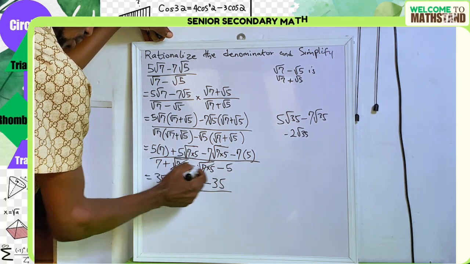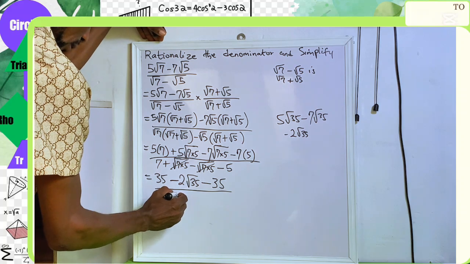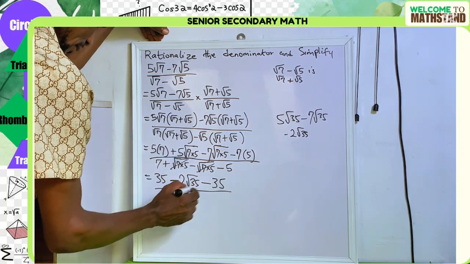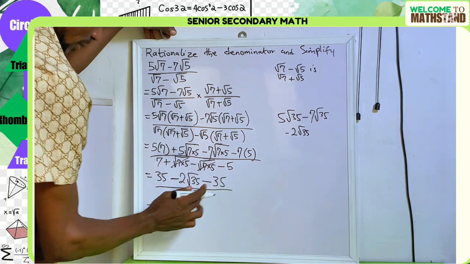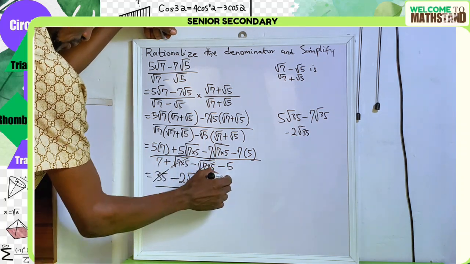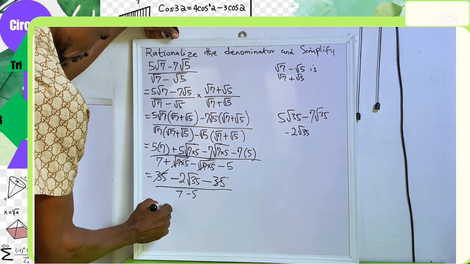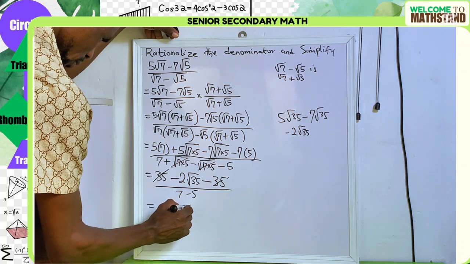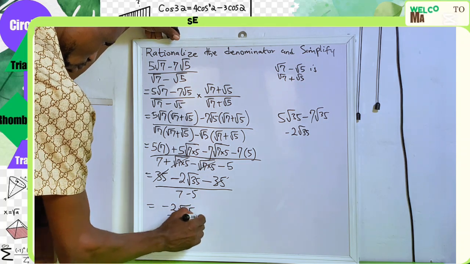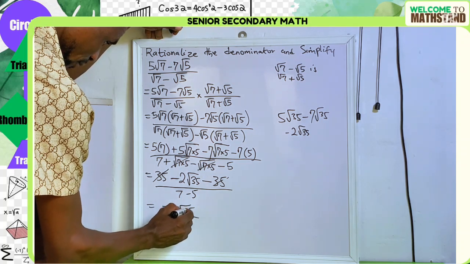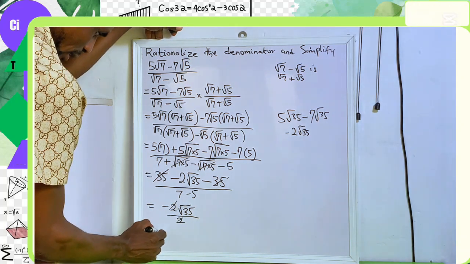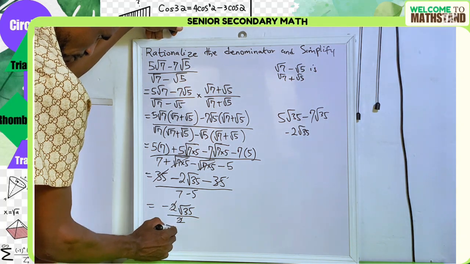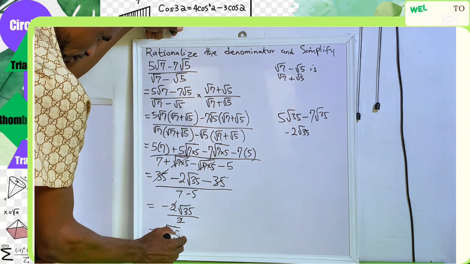So now we have 7 minus 5 left. Finally, 35 minus 35 gone. So we now have minus 2√35 over 7 minus 5, which is 2. So 2 up, 2 down. So our final answer is minus √35.